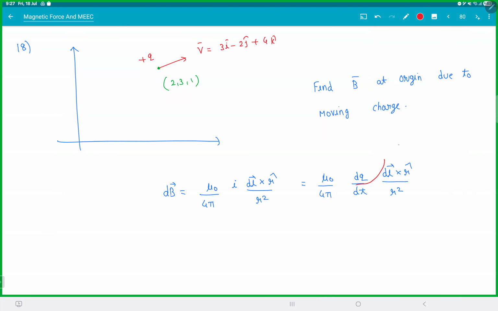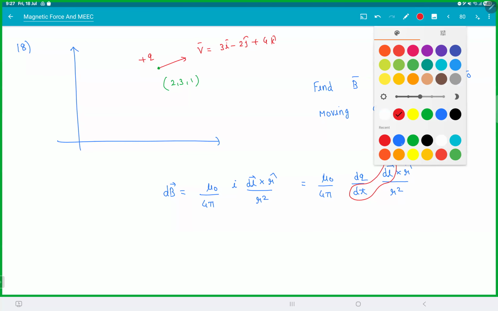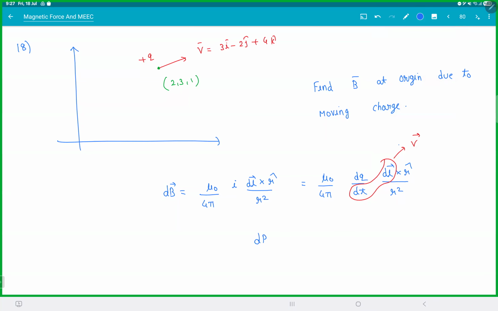So this dl by dt term becomes your velocity term. There. So this is the magnetic field due to a moving charge: mu naught by 4 pi, q, v bar cross r cap by r square. Remember this, quite a useful result.